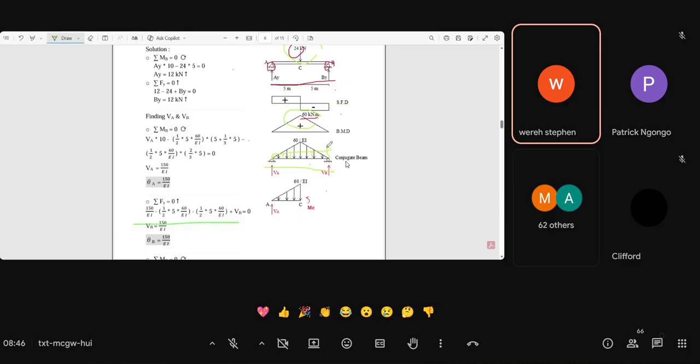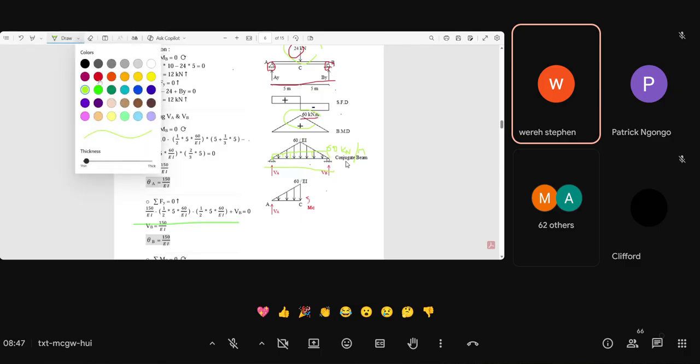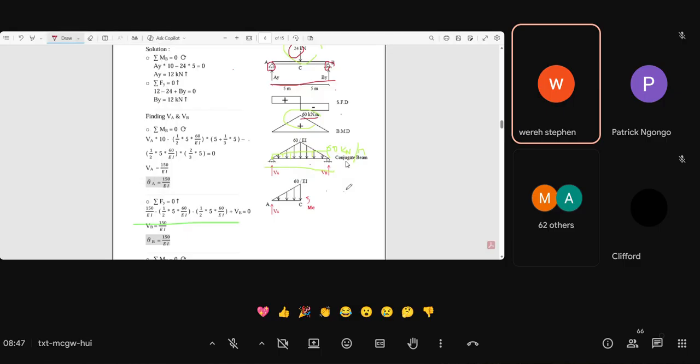Let me say this one is 60 kilonewton per meter. What will be the total load? Let us start from there. Total load from A to B, if it is a UDL of 60 kilonewton per meter, what will be the total load?